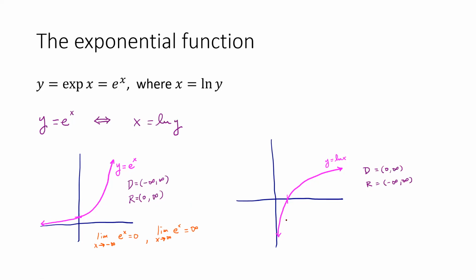And sort of analogously over here, we see that the limit as x approaches 0 from the right, as x gets closer to 0, the graph is going to go to negative infinity. And the limit as x goes to infinity is infinity.